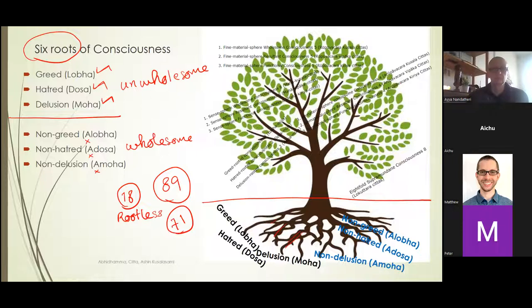Sometimes you are thinking about what you want, sometimes about what you hate, and sometimes you don't know what you are thinking. This is accompanied by delusion, moha. You don't know what to do, you don't understand, so you are thinking without understanding.